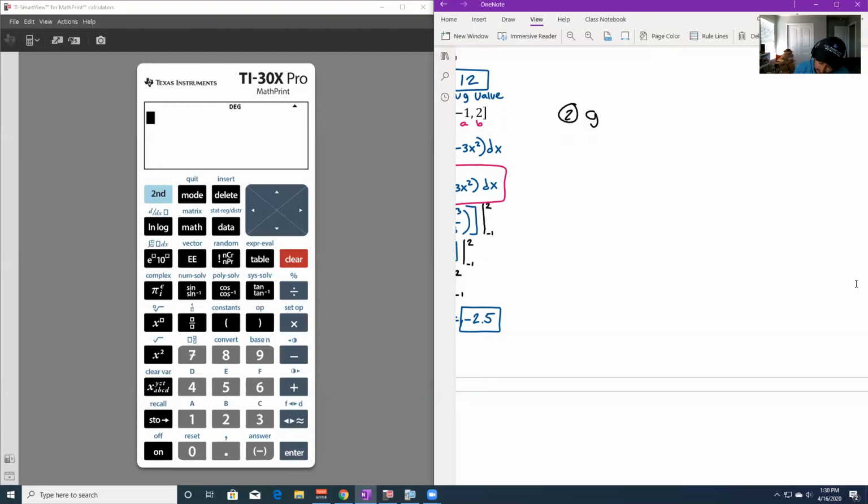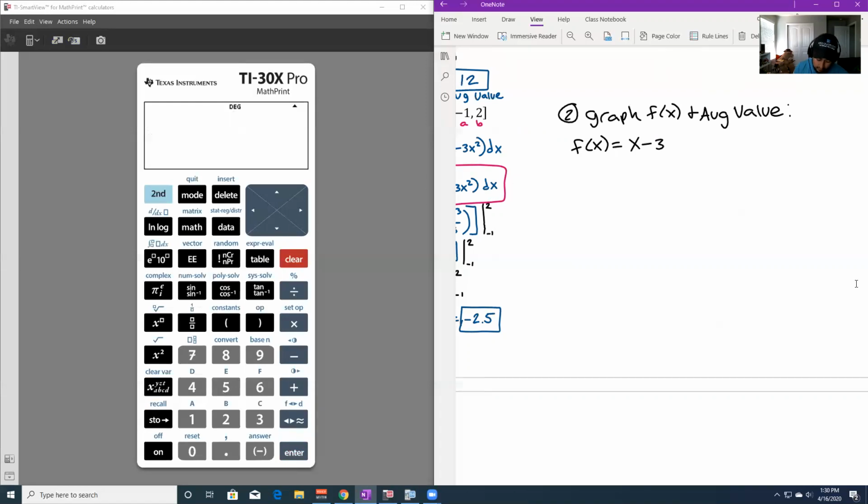Graph f of x and the average value. So our f of x is the function x minus 3x squared. So x minus 3x squared.